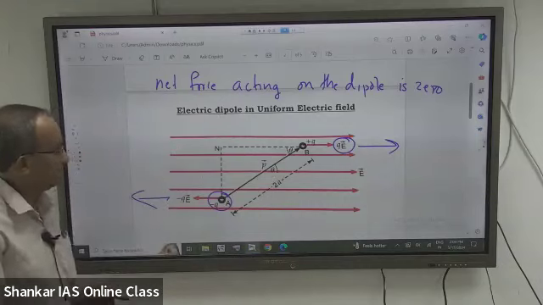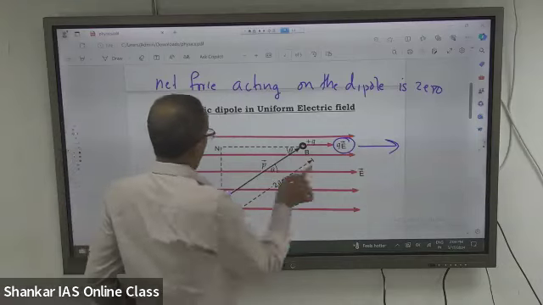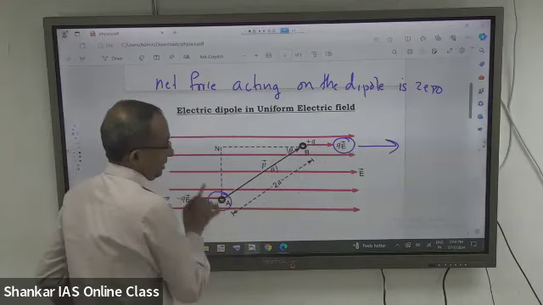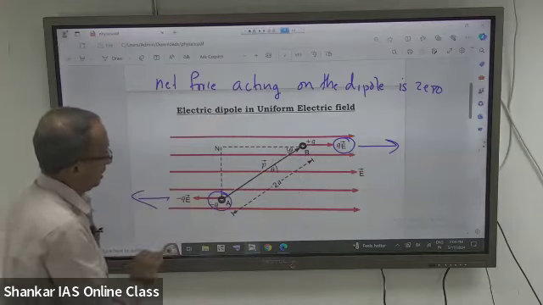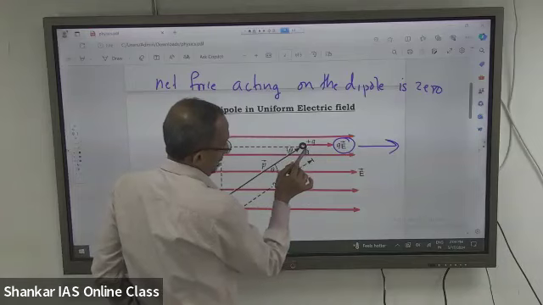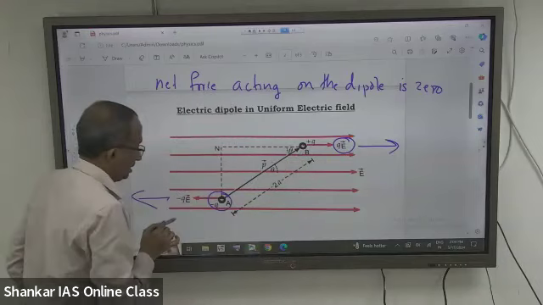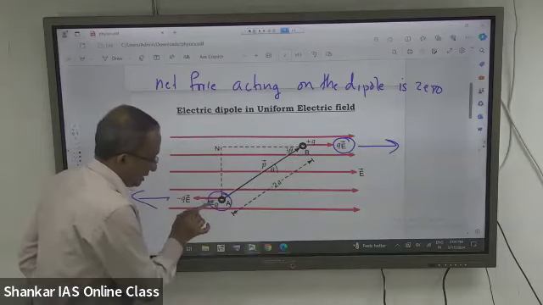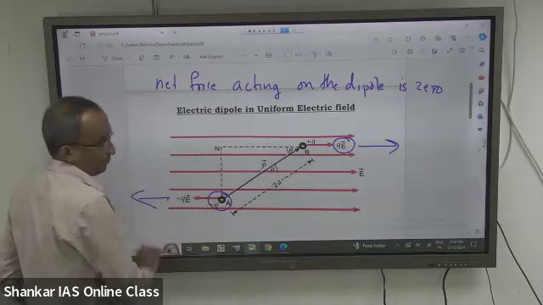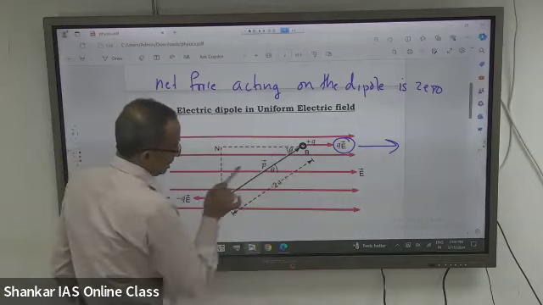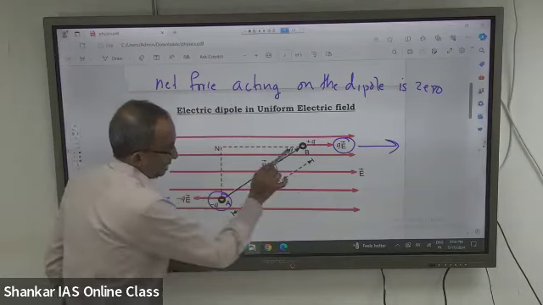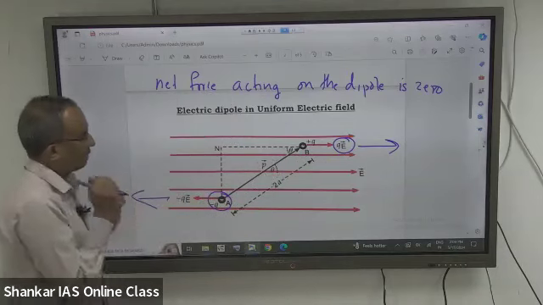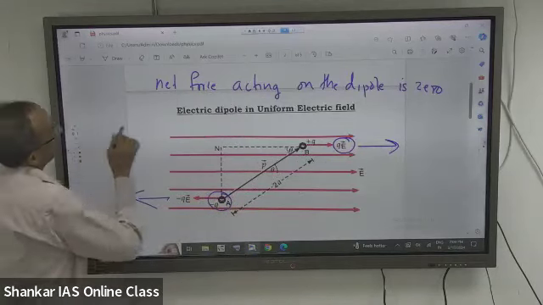Now see, the two forces are acting on two different points. Plus QE is acting at the point B, minus QE is acting at the point A. Two equal and opposite forces acting on two different points constitute a couple.